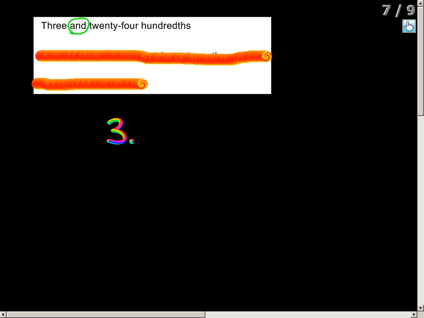Okay, now 24 hundredths. It's really important that whenever you're writing a number from word form to standard form, you take a look at the last name, so to speak, of the number, hundredths. So that means this final digit, the 4 in 24, is going to fall into the hundredths place.